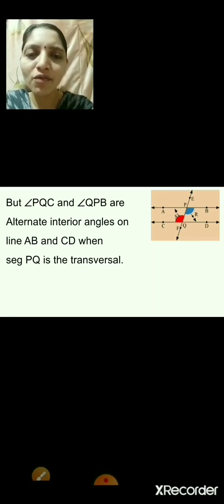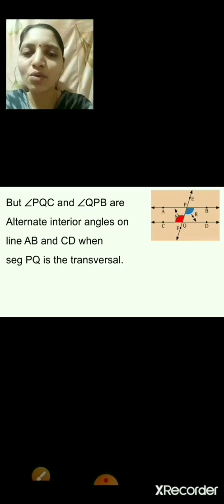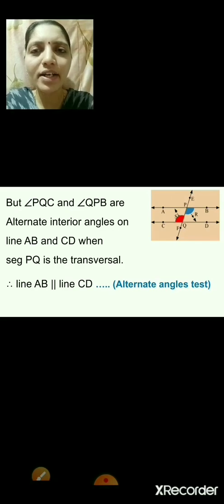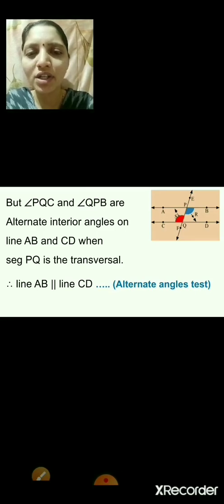So if the alternate interior angles are congruent, then the two lines are parallel. So we can write here line AB is parallel to line CD by alternate angles test. Hence we have proved. Now I hope all of you have understood these two sums.